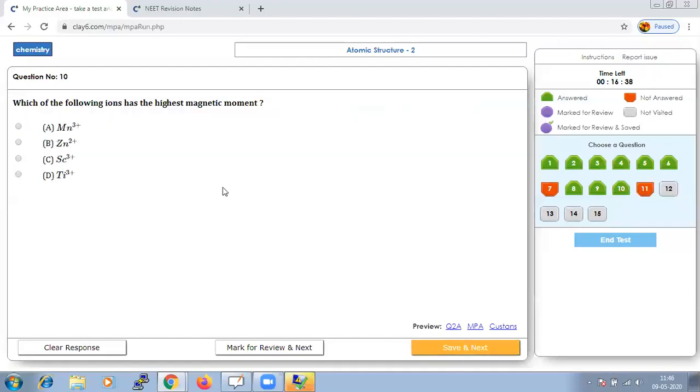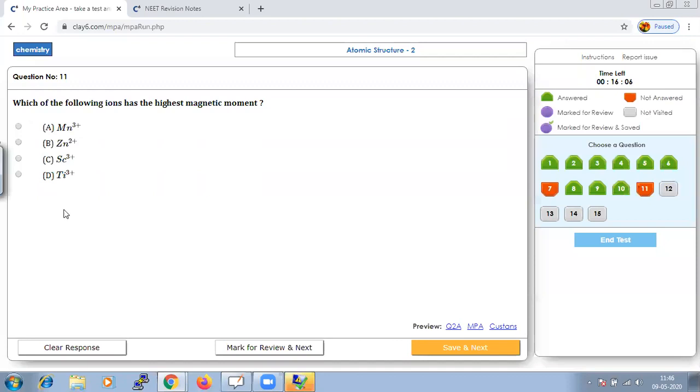Which of the following has highest magnetic moment? Here also you can apply the same relation between the number of unpaired electrons and the magnetic moment. Whichever has the highest number of unpaired electrons will have the highest magnetic moment. There is a direct relationship between magnetic moment and number of unpaired electrons.